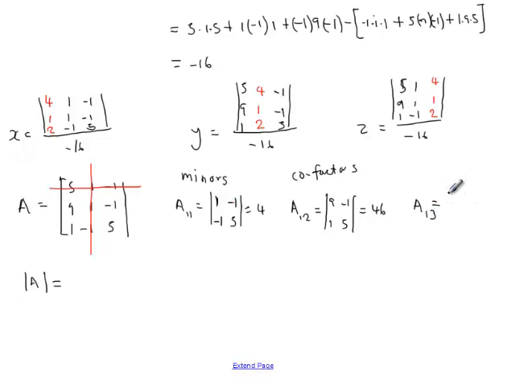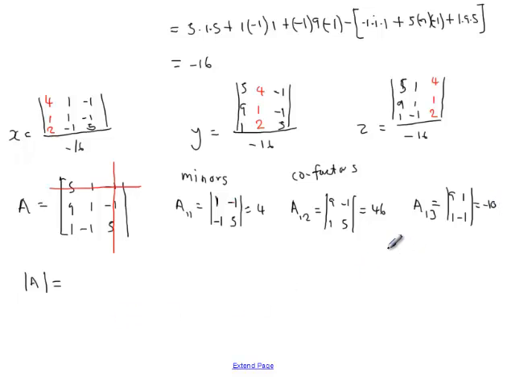Then you go, so what do you do then? 9, 1 1 minus that. 9 minus that, minus 10.